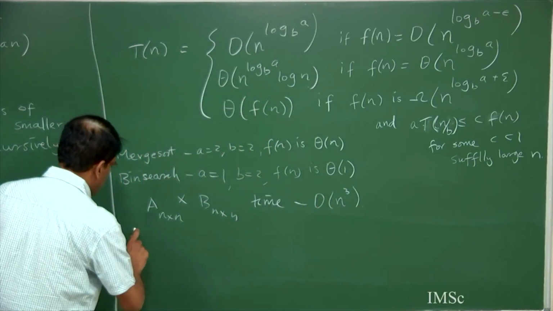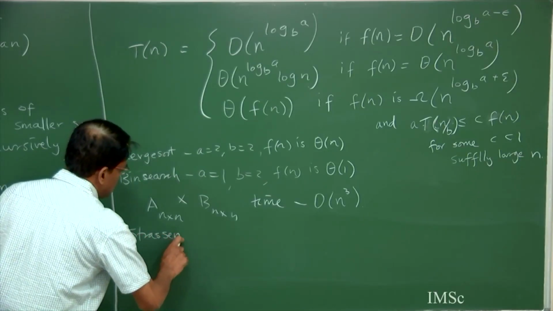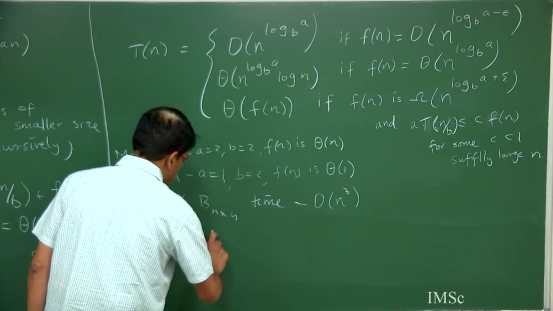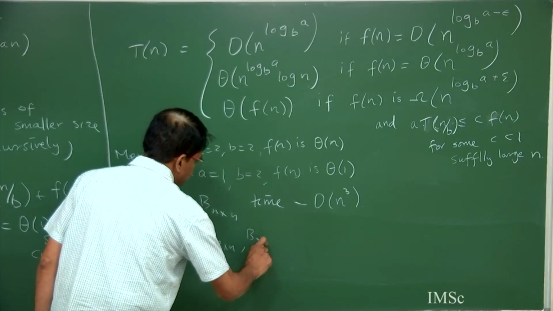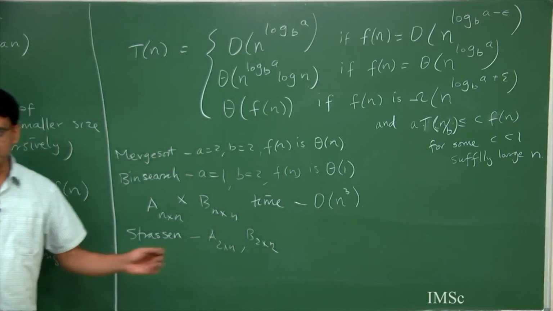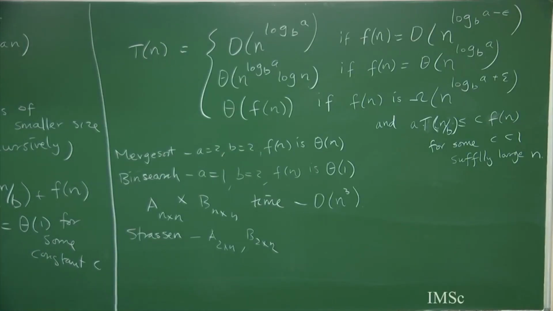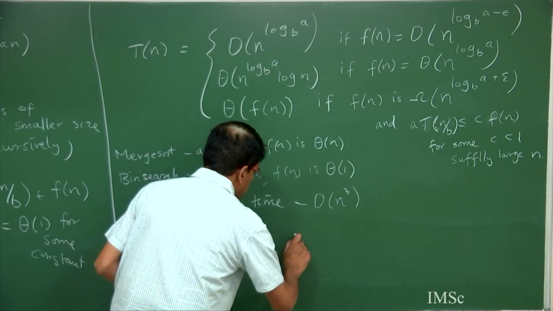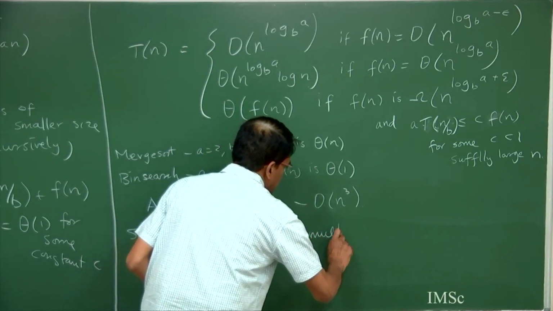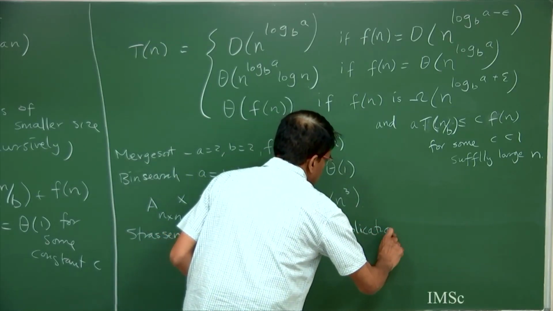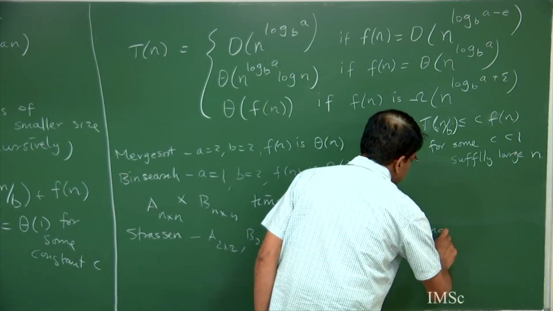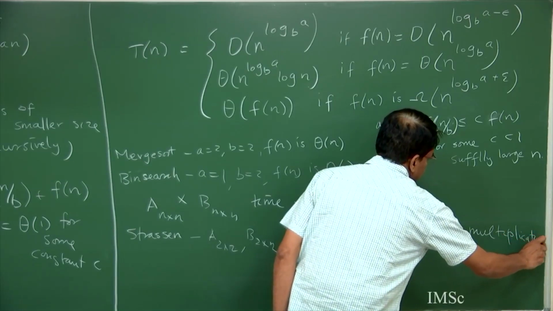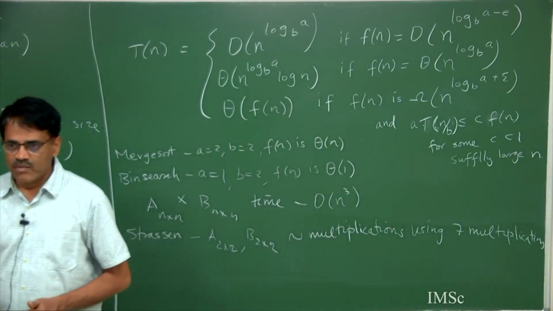So what Strassen came up with, if I want to do 2 by 2 matrices, the standard multiplication algorithm will take 8 multiplications, and he came up with a way to multiply two 2 by 2 matrices using 7 multiplications. Okay, some clever set of multiplications.